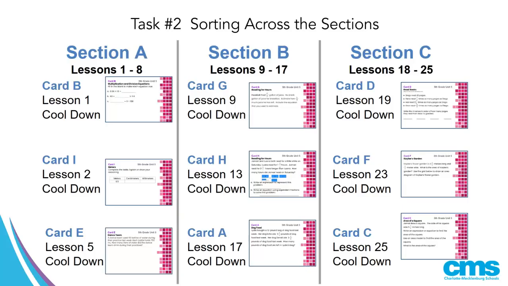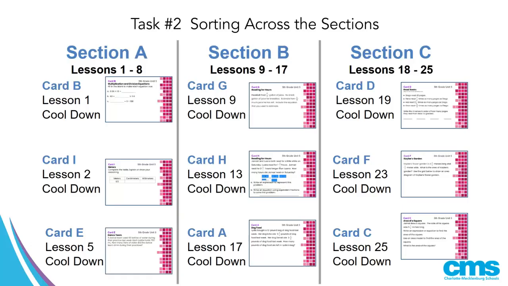Students both multiply to convert to smaller units and divide to convert to larger units. Many of the activities in this section include decimals. Following metric conversions, students multiply and divide to convert customary units. The work in this section also includes work with fractions.